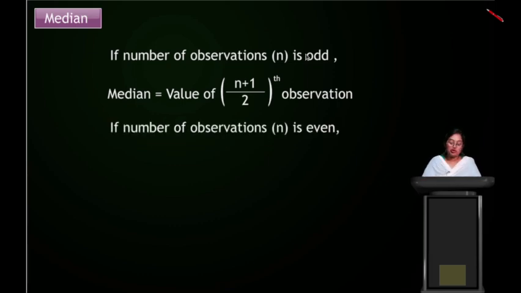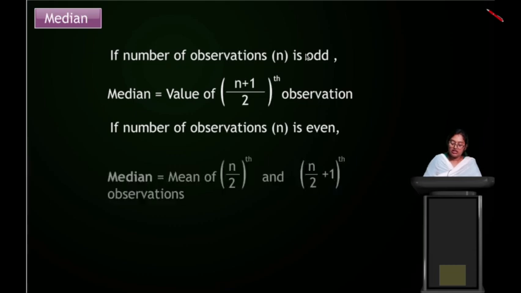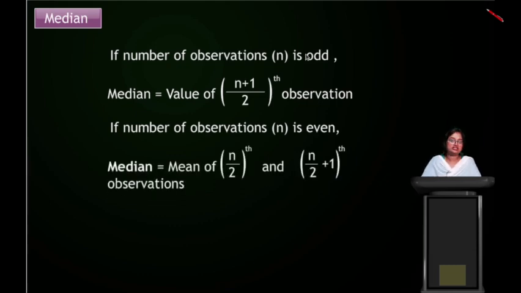Yes, if the number of observations is even, then the median is equal to the mean of the n by 2th and the (n by 2 plus 1)th terms. You have to remember this. For an odd number we have the (n plus 1) by 2th term. For an even number, the n by 2th and (n by 2 plus 1)th terms. These are the formulas you have to remember to find the median. Okay? Yes.